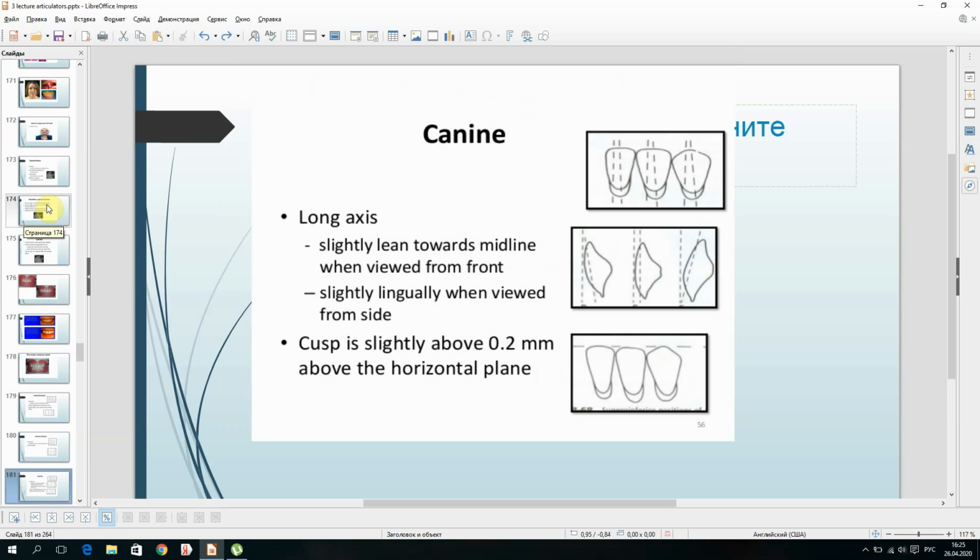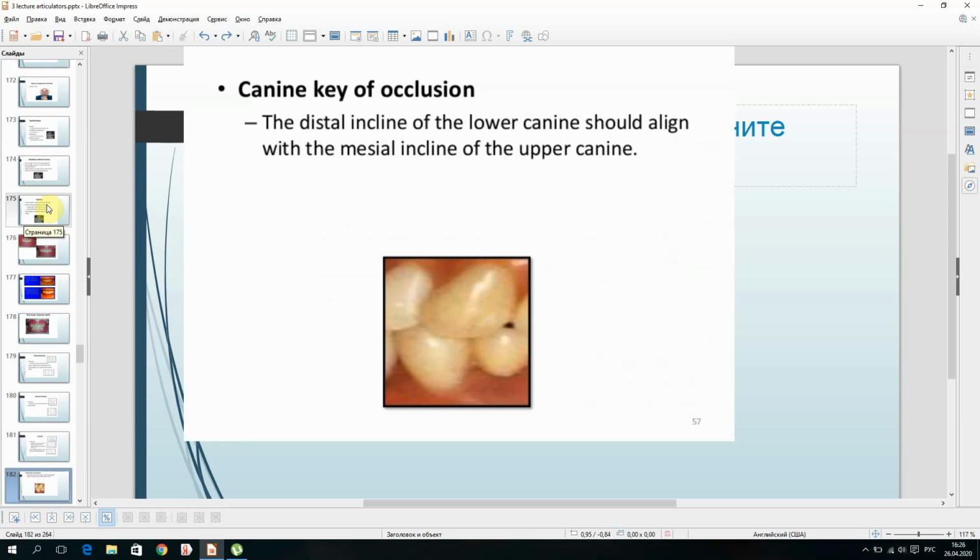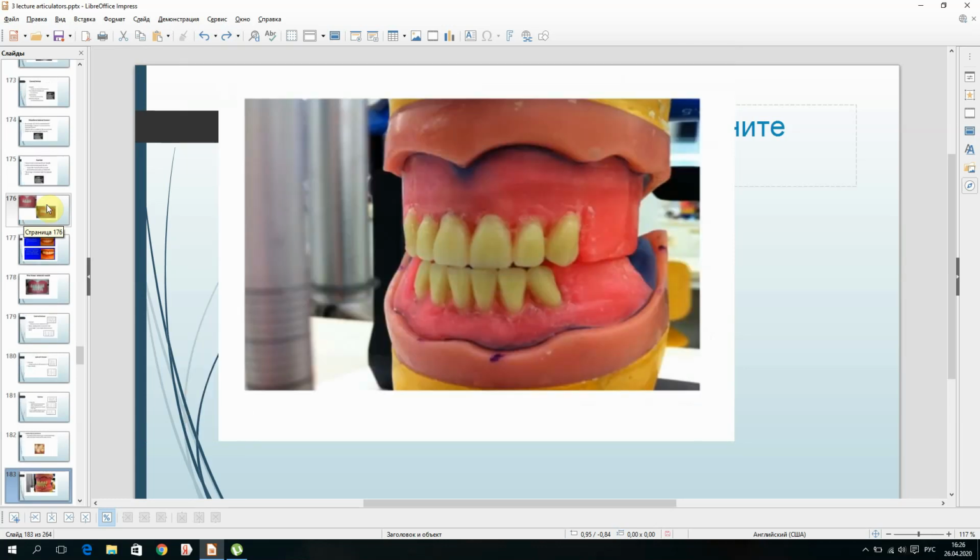Canine: long axis slightly leaned toward midline when viewed from front, slightly lingually when viewed from side. Cusp is about 1.2 mm above the horizontal plane. Canine key of occlusion: the distal incline of the lower canine should align with the mesial incline of the upper canine.